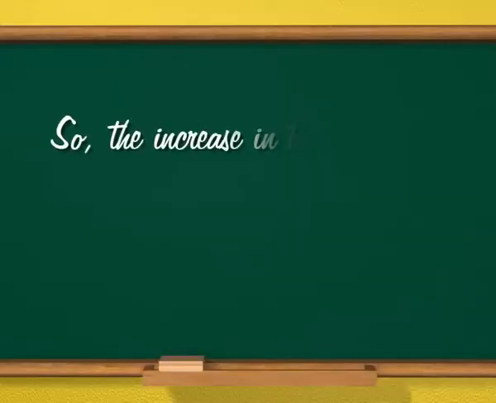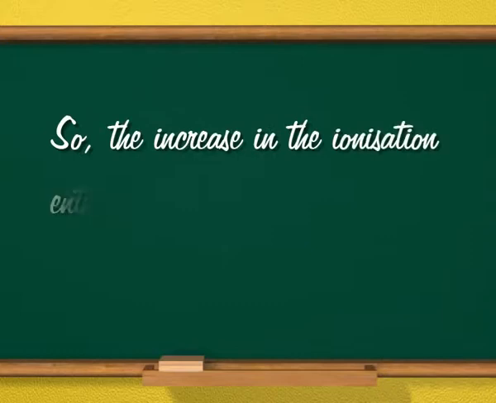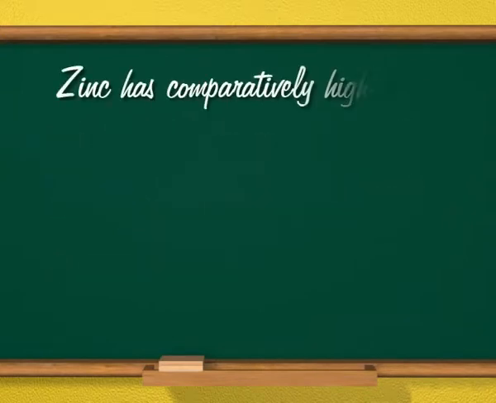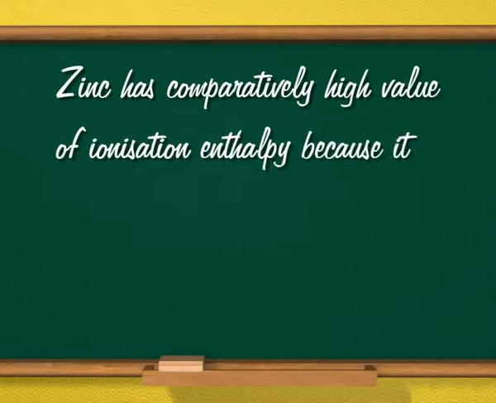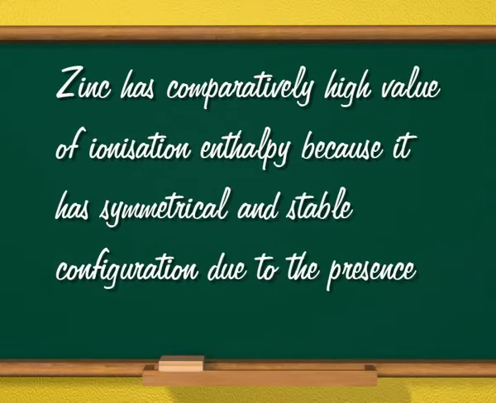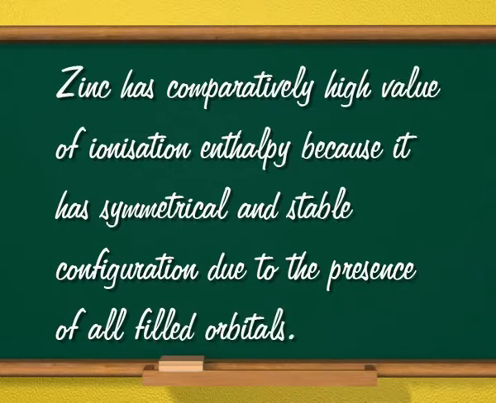So, the increase in the ionization enthalpy of the transition metals is very limited. The last element, zinc, has comparatively high value of ionization enthalpy because it has symmetrical and stable configuration due to the presence of all filled orbitals.